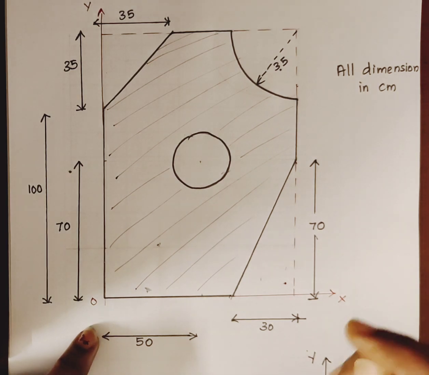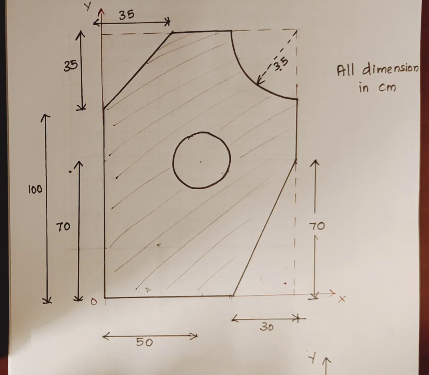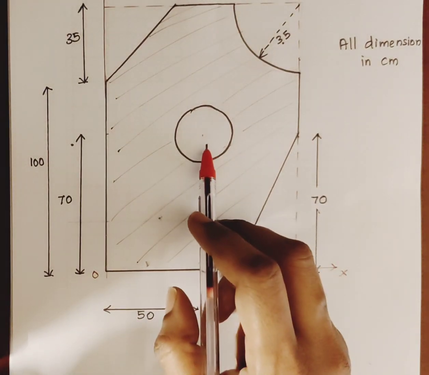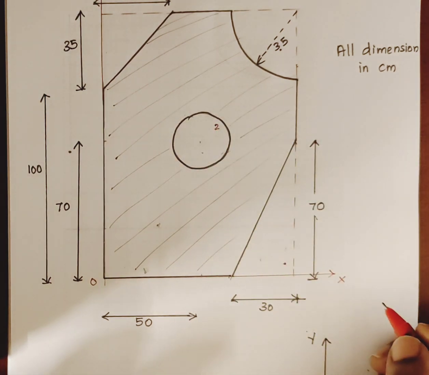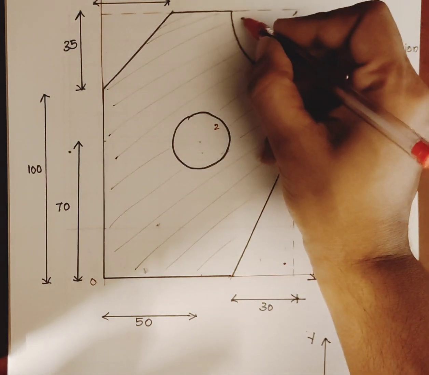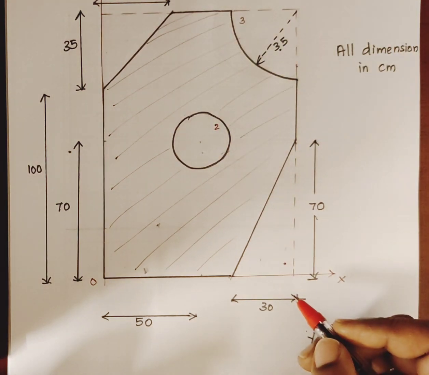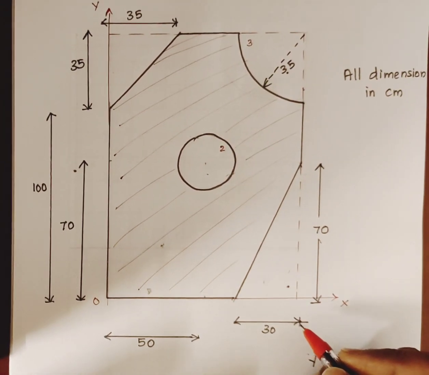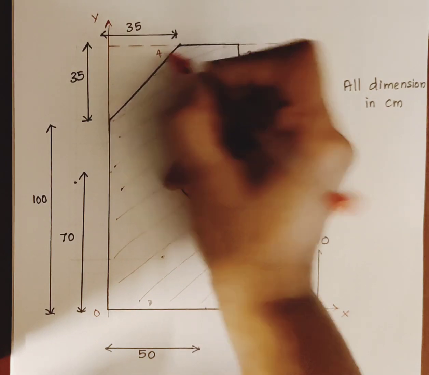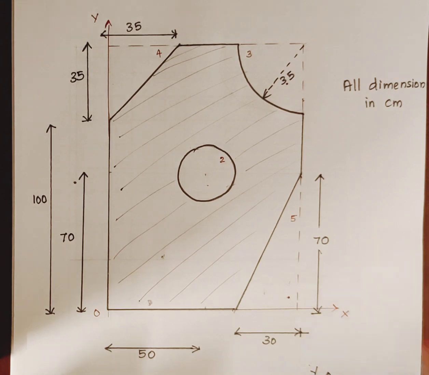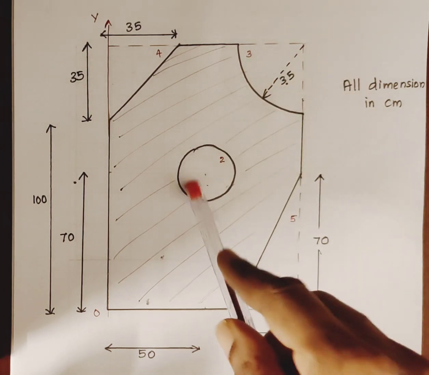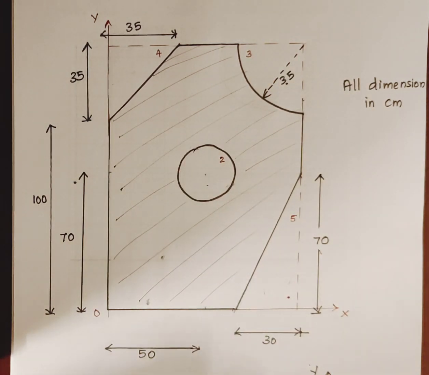So first figure will be the rectangle. Second figure you can assume as the circle. Third one you can assume the quadrant. Fourth one this triangle. Fifth one this one. So from the rectangle you have to deduct the triangle, quadrant, circle and this triangle.